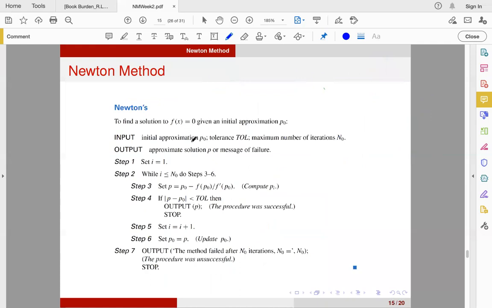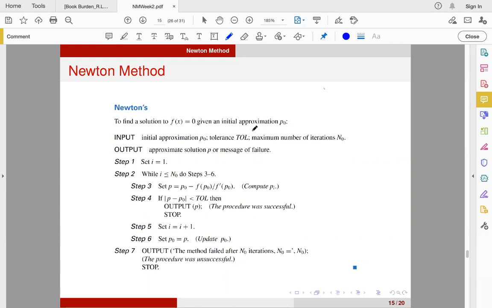You input the approximation, you start with the initial guess, and then you give the tolerance, how much accuracy you want, and the number of iterations, like I did before, like 100 iterations. So these two values depend on which one is satisfied.